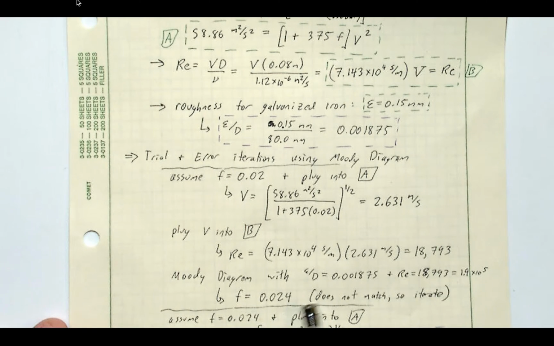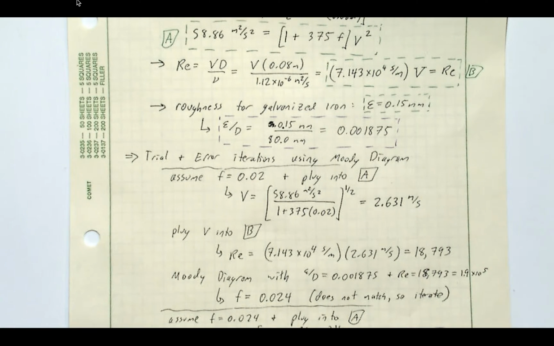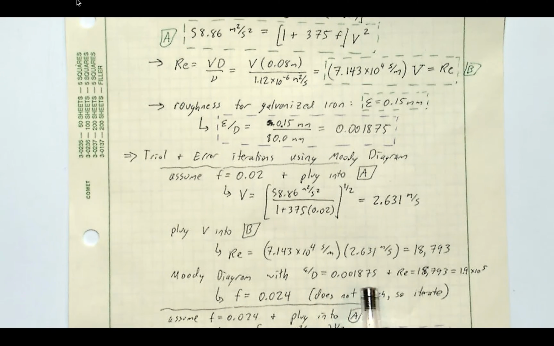And then we can go to the Moody diagram and see, we assumed f was 0.02. Does the Moody diagram say it's 0.02? Again, we're going to look for the curve associated with a relative roughness of about 0.0019, and Reynolds number about 1.9 times 10 to the 5.